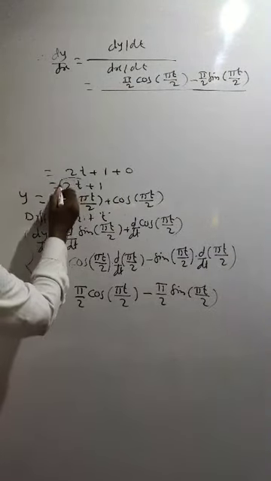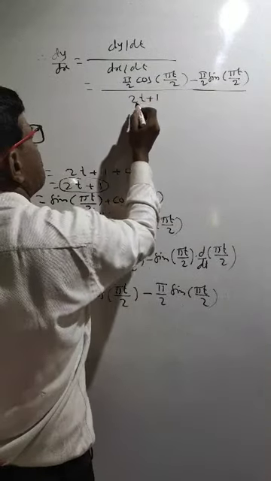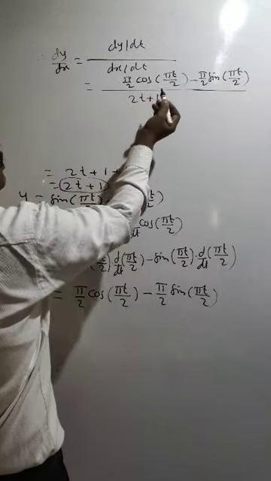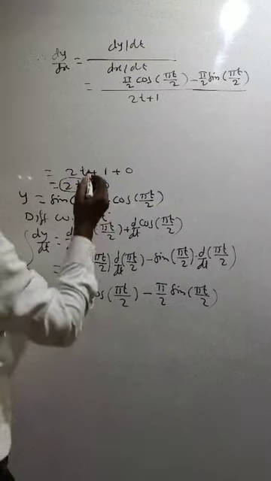This is the value of dx by dt, 2t plus 1. Take pi by 2 common and put t equal to 1.